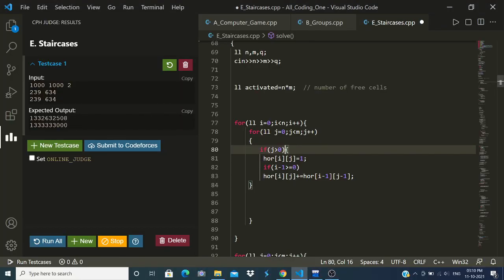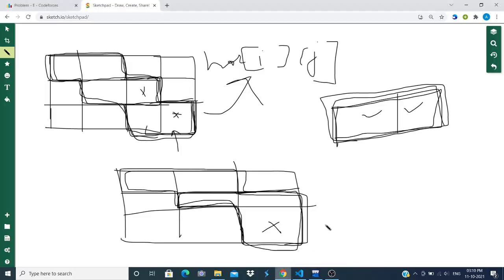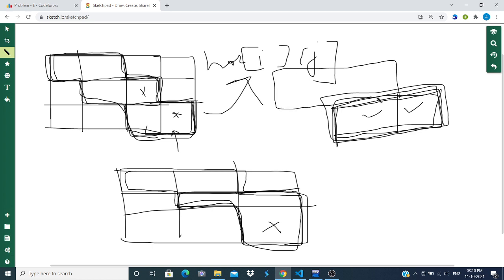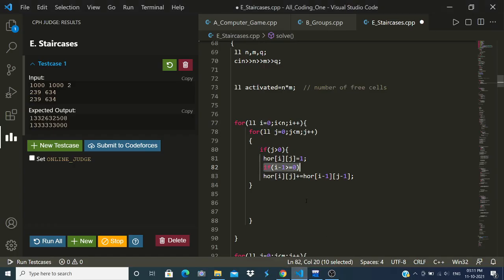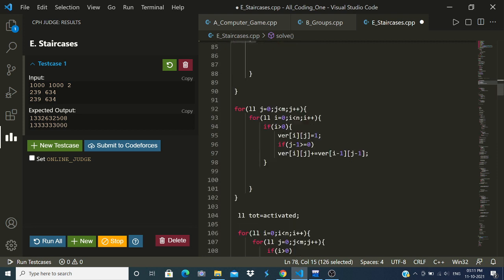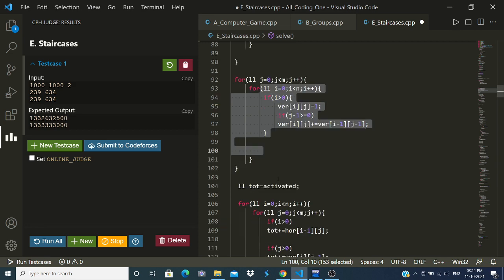So I am just making it one, and then taking care of the bounds. I am adding, if this is one horizontal staircase, what can be the other staircases, like adding their count. So how many staircases end at the cell I minus 1, j minus 1, right? I am adding that to this. And in a very similar way, you can also fill your vertical table, right?